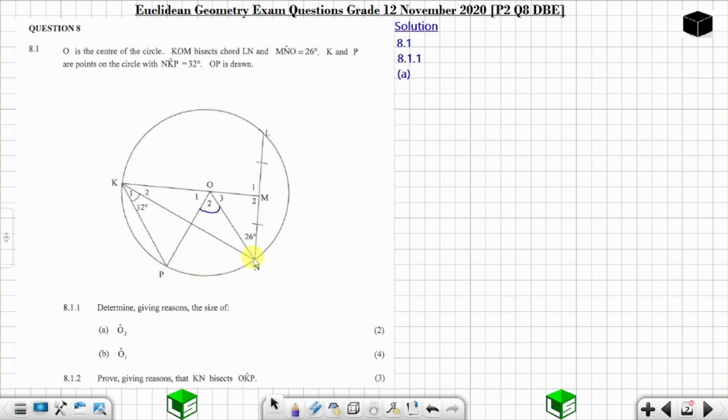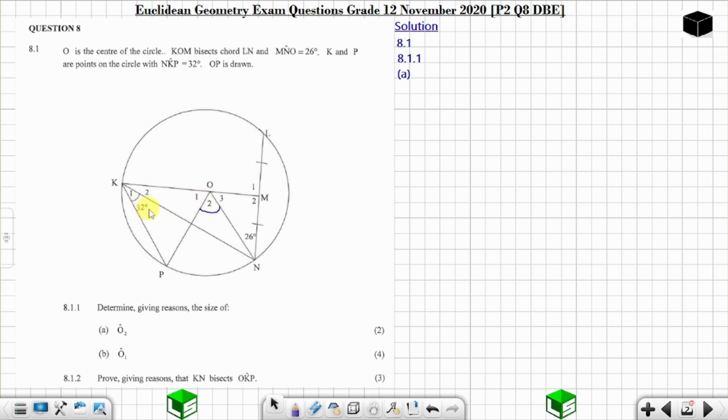So the two angles are subtended by the same arc. Remember, when you have two angles, one at the circumference and another at the center, subtended by the same arc or chord, the angle at the center is going to be twice the angle at the circumference.